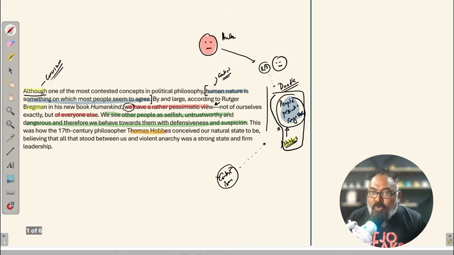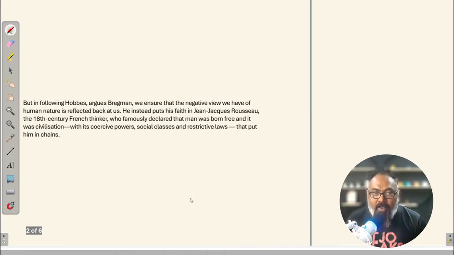So let's look at what's going to happen. Somewhere the point is going to emerge. But, however, in following Hobbes, argues Bregman, we ensure that the negative view we have towards human nature is reflected back to us.